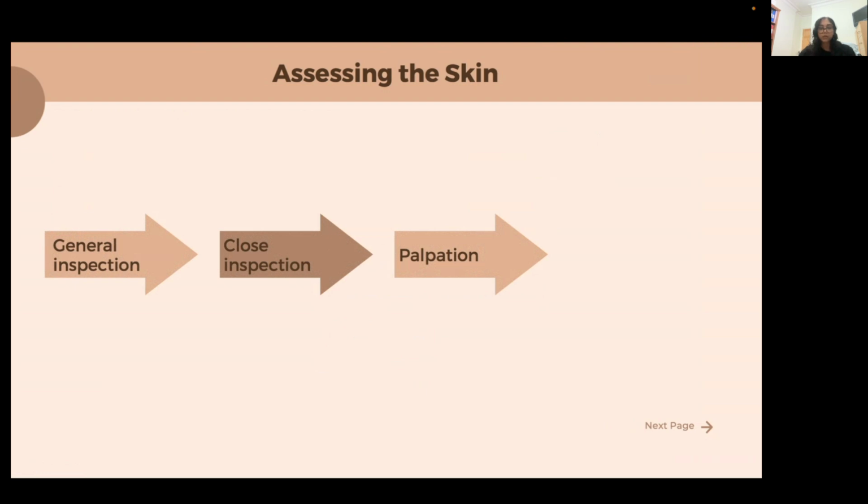Then palpation, so you want to palpate the lesion. And then a systemic examination, so looking at places like the mucous membranes, the nails, the hair, to make sure that you've not missed any other signs. So we'll go through what we would do in each of those steps.